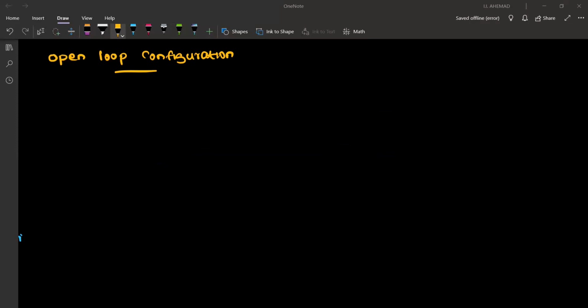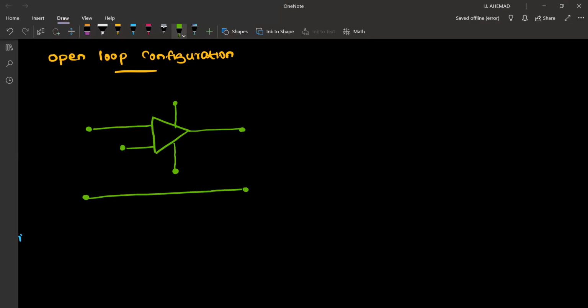So under open loop configuration, let's draw. Here we provide an input V1 and here we provide an input V2.